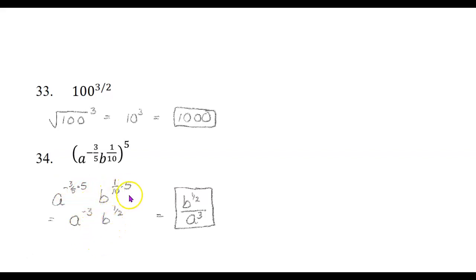B to the 1/10 times 5 would be b to the 5/10, or b to the 1/2 power. And then for our final answer, I don't want to leave it with a negative exponent, but a to the negative 3 means the same as a to the positive 3 in the denominator. So for my final answer, I will write b to the 1/2 power over a to the positive 3 power.